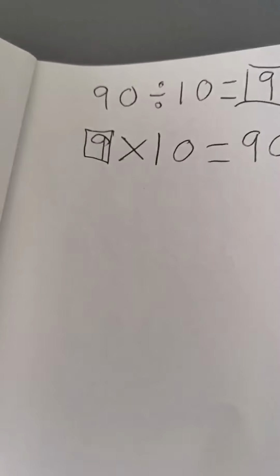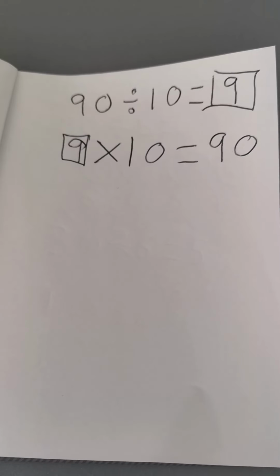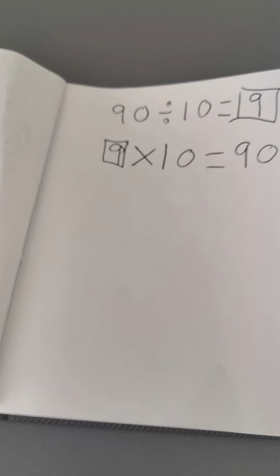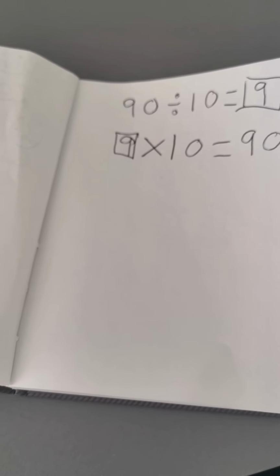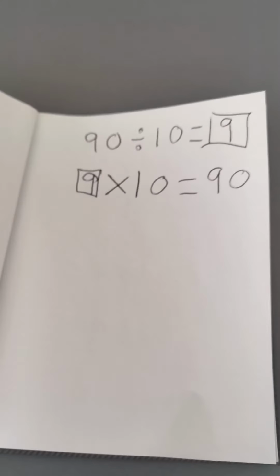Now, just while we're at it, I'm going to show you how we can understand fact families in multiplication. Just like we have with number bonds with addition and subtraction, multiplication and division have 4 fact families, 2 multiplications and 2 divisions.